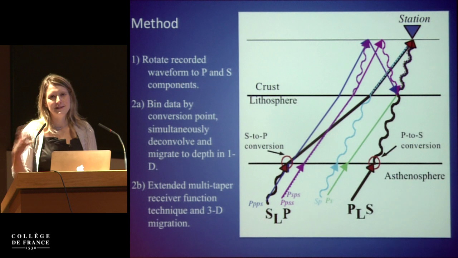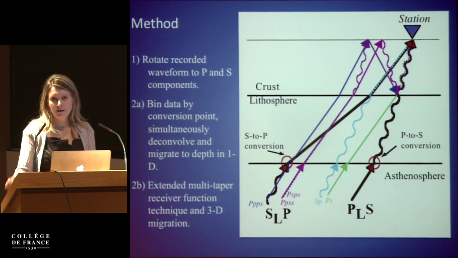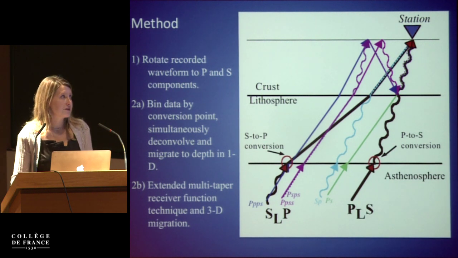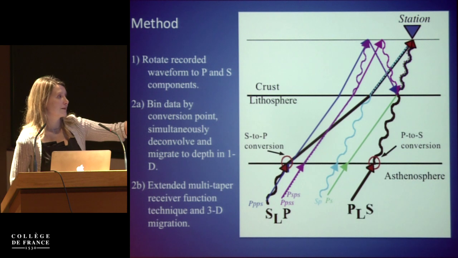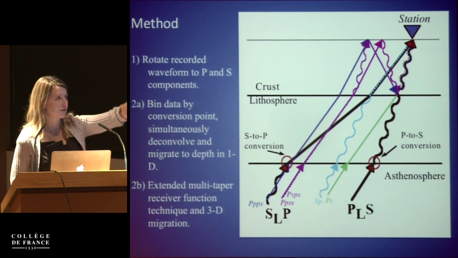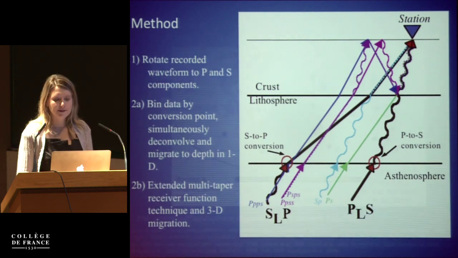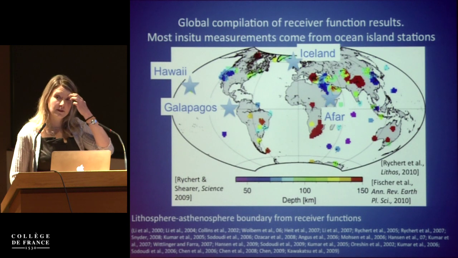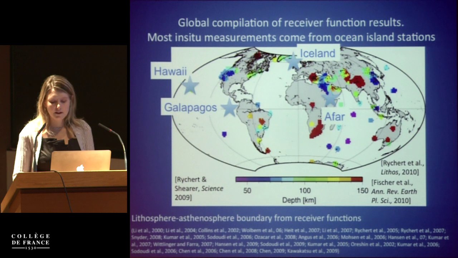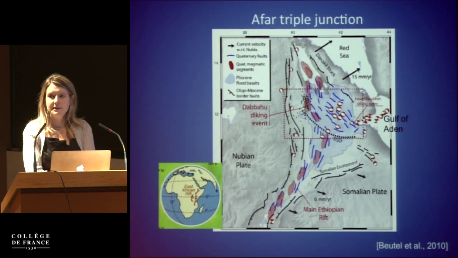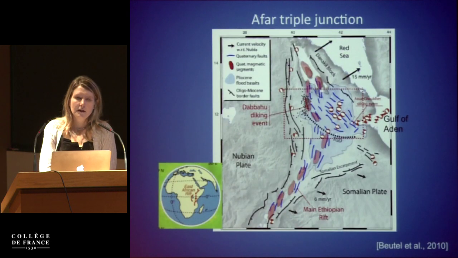That's very good because it's stable for single waveforms, and then we can get a more 3D picture of a given region. And I'll just point out the S-to-P wave is the one I'm going to be focusing on today, a shear wave that converts to a P wave before reaching the seismic station. I'm going to focus on 4 hotspots that I've been looking at recently: Hawaii, Galapagos, Iceland, and Afar. I'm going to start with Afar.